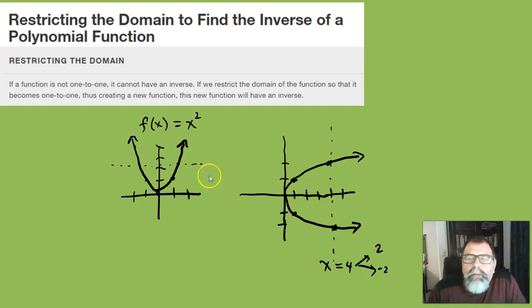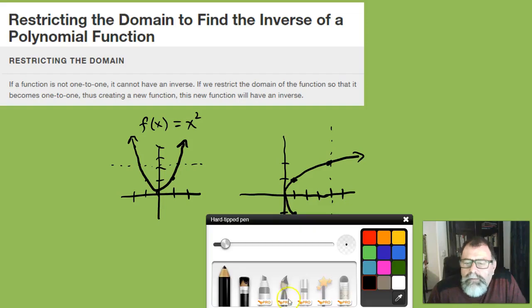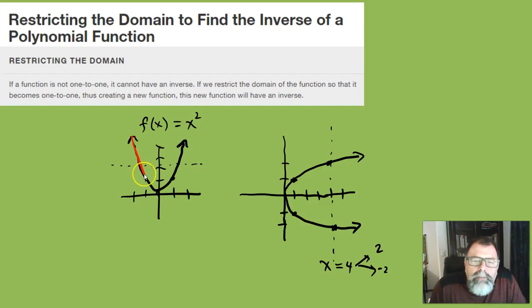So what we have to do is restrict the domain. If I restrict the domain and say this black part is a separate function and get rid of that part, then when I flip this one over, this would be the red one.